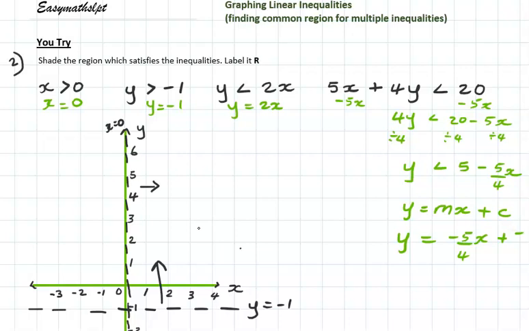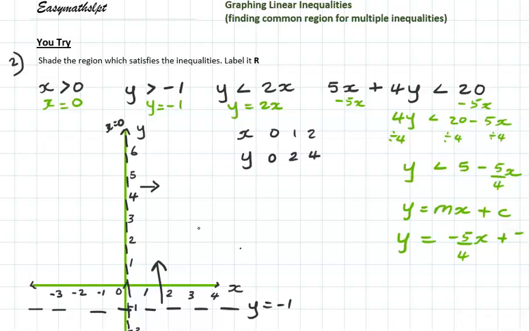The next one says y is less than 2x, which means we're going to be doubling the x to get y. So let's do a table of values. When x is 0, when x is 1, when x is 2. We substitute. When x is 0, 2 times 0 is 0, y is also 0. When x is 1, 2 times 1 is 2. When x is 2, 2 times 2 is 4, y is 4.